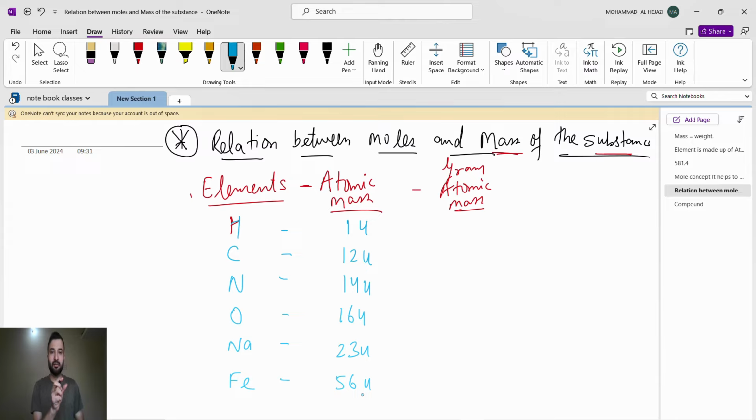So elements are made up of atoms, so atomic mass. Atomic mass means all the units are in U. Gram atomic mass means the same atomic mass; if I express it in gram, it becomes gram atomic mass. We have done this before also.